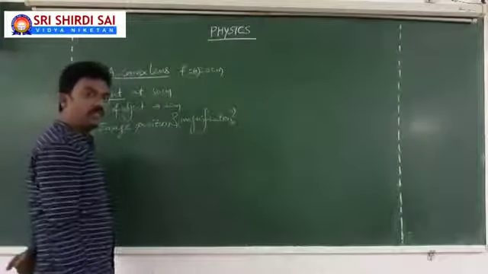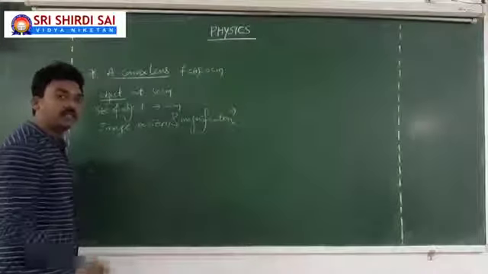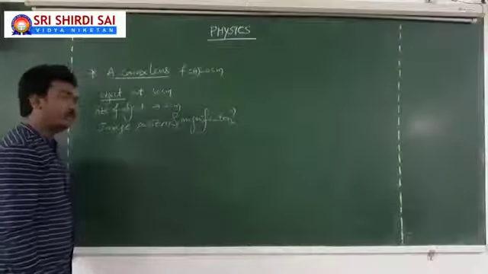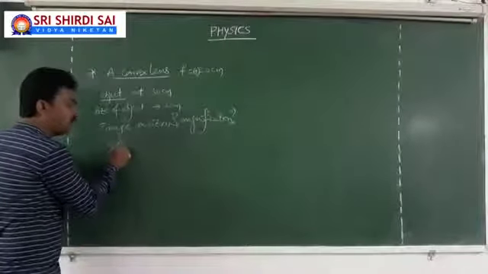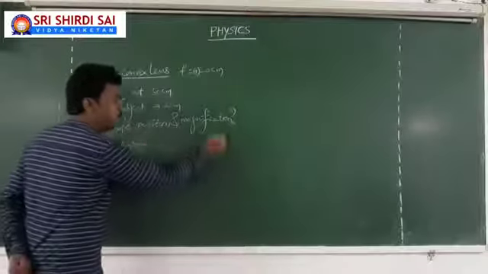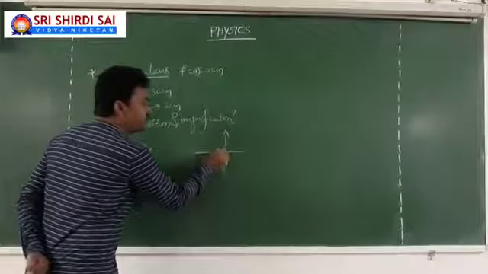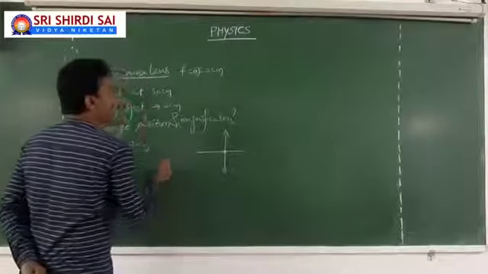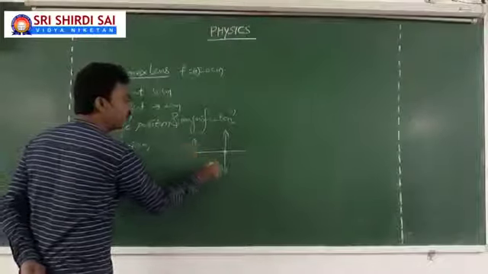I told you, whenever the question is to find the magnification, then by default it is the transverse magnification. Fine. Let me take the values mathematically. As it is a convex lens, focal length is plus 20. Object distance in front of the convex lens, your object is placed at 30 centimeters.